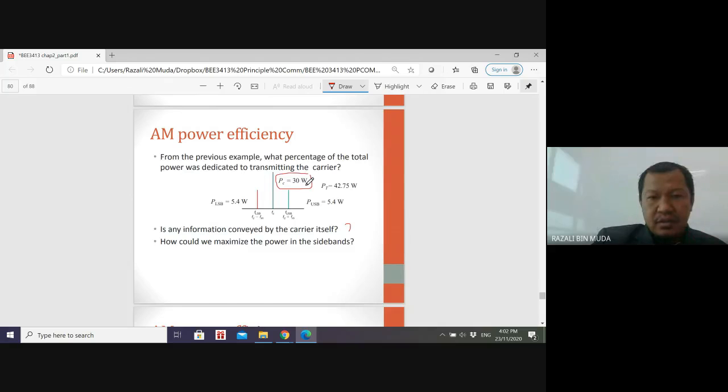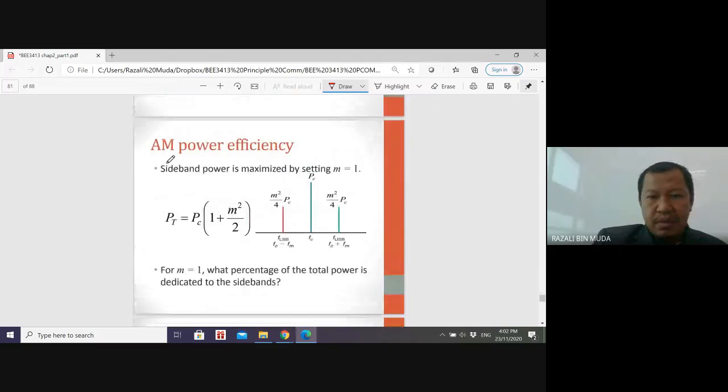Sideband power is maximized by setting m equal to 1. So when we have modulation index equal to 1, sideband power is at maximum, at m square over 4 PC.